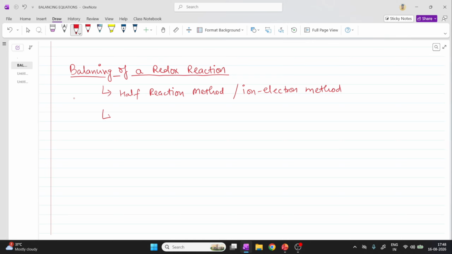And the second method of balancing is the oxidation number method. So we will be doing it one by one. First I will discuss the half reaction method. It is also called the ion electron method.